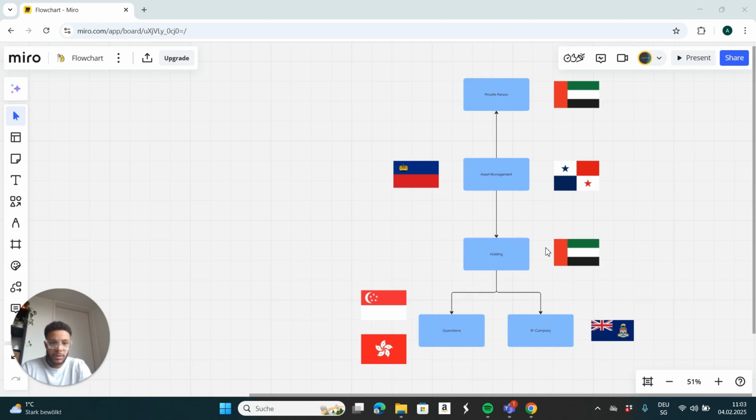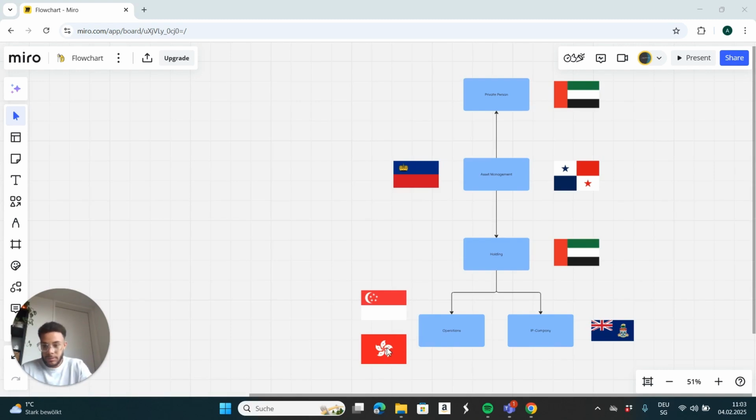The next structure would be a holding back in Hawaii. Here you would bundle all your profits from your operative companies. Maybe you run a trade business. These would be set up in Singapore or Hong Kong, since here you don't have to pay taxes on any profits you made abroad.